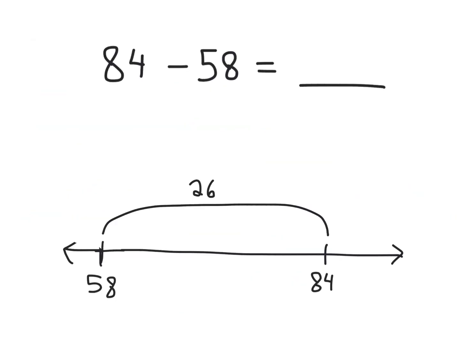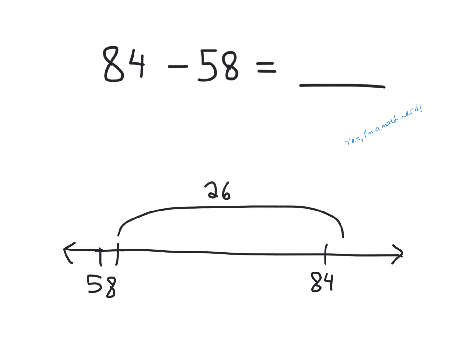A little further explanation here just because I think this is really, really cool. So this difference, we see that 84 minus 58, the difference between those 2 numbers is 26. We can actually think of this 26 as a constant difference, and I can move this around. So I can actually say, oops, I got the little dash over there too. But anyway, I could adjust this up.